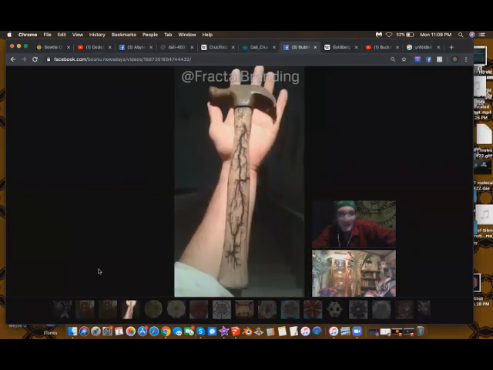I have that right here. I can pull that right up. Yeah, I was really happy with the way that one turned out. It's rare that it comes out that good, and that one's one of my favorites that I've done on a hammer. Yeah, this is incredible.